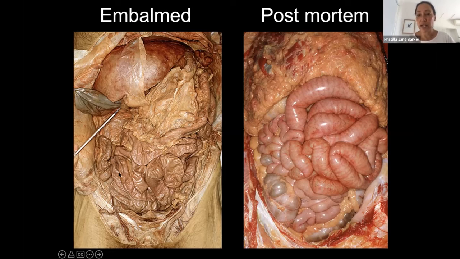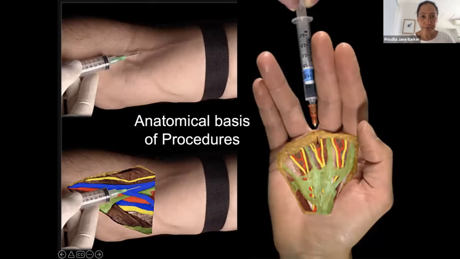So you've got these vivid colours, but most medical students don't ever get to see in their undergraduate experience an autopsy or a post-mortem view of anatomy. So it's a fantastic thing to have in the program and to help prepare you for surgery, and how things will look very different in that situation.